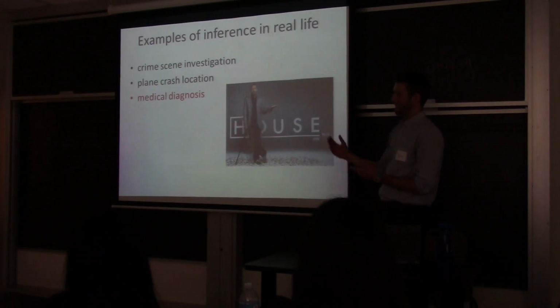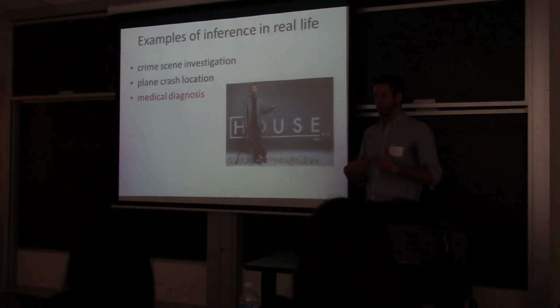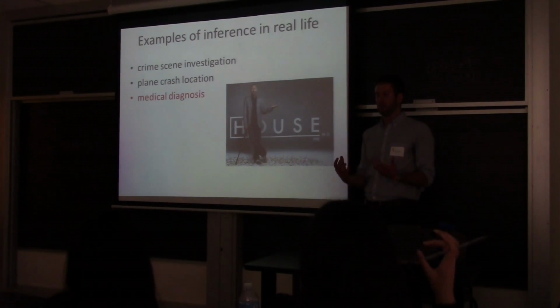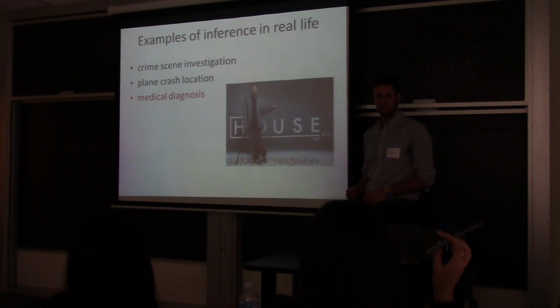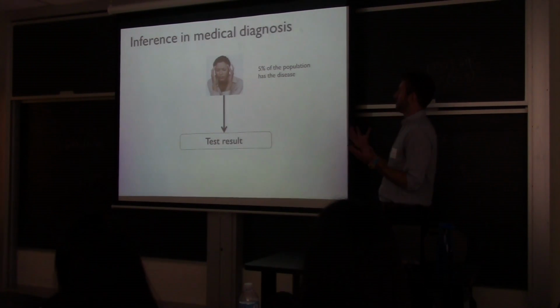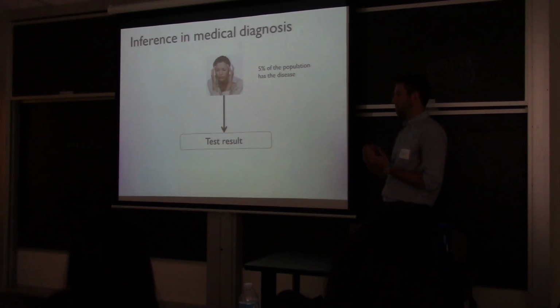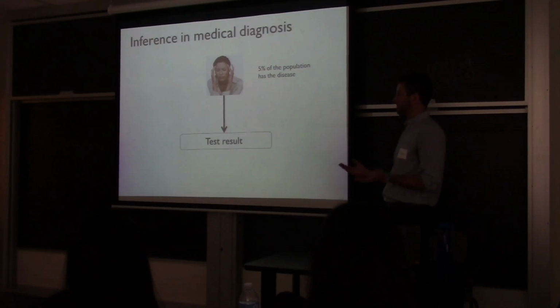And lastly, an example that we're going to go over is medical diagnosis. If you're a doctor, you have a patient with a bunch of symptoms, but you don't know what's causing those symptoms, so you have to infer from those symptoms what's going on. Let's say you have a patient who comes in with a headache, and you think, maybe it could be this disease, and this disease occurs in 5% of the population, so it's something that is reasonable to test for.